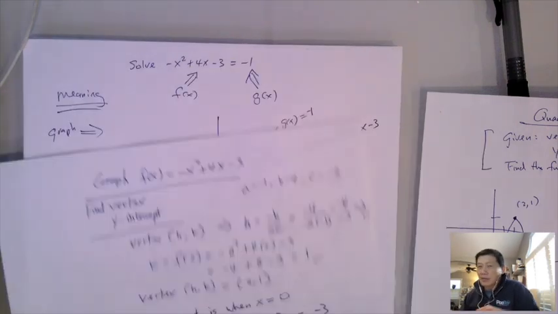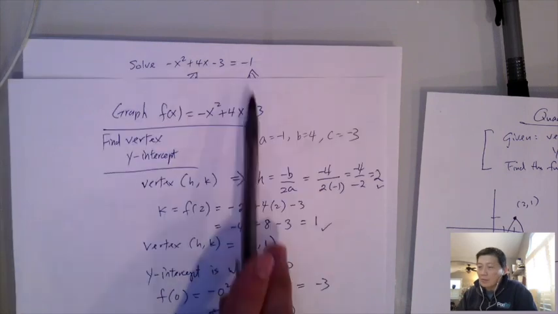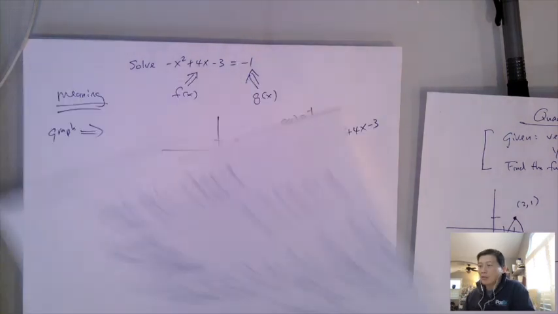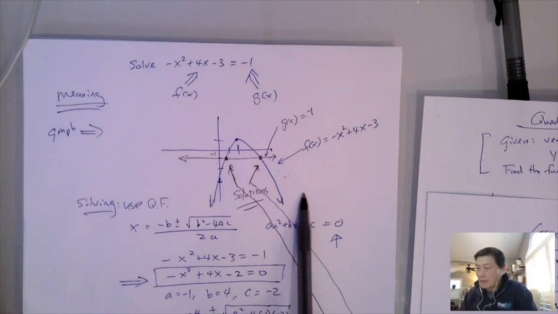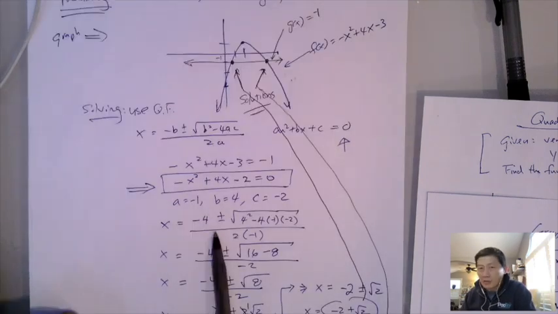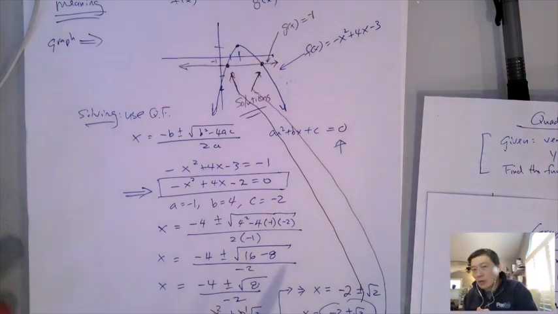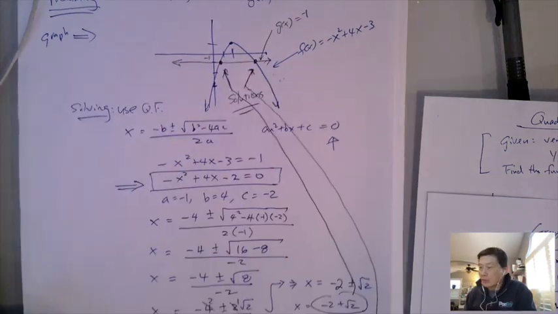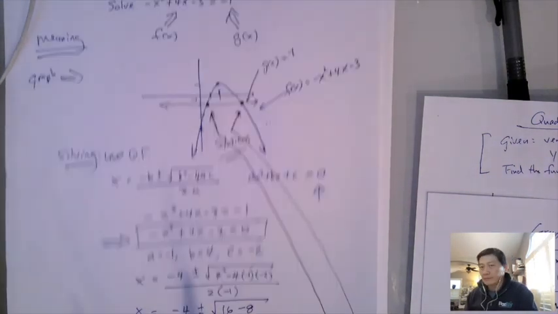Then I took the same function, set it equal to negative 1, and asked you to solve the quadratic equation. The interpretation is also a graphical interpretation, but then we can utilize the techniques that we learned, whether it is completing the square or using the quadratic formula. Eventually, it leads to solutions, which can be reinterpreted back into what is shown on the graph.